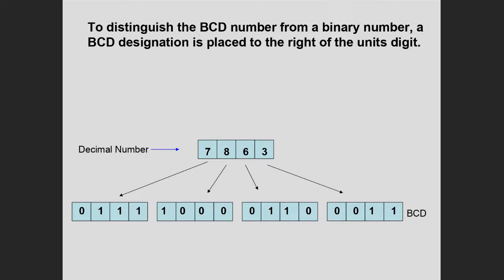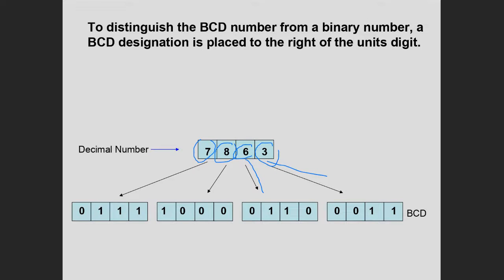So I will show 7, and I got to express that using 4 bits. So I got a 4, a 2, and a 1. That's 7. I want to use the 8, express that in 4 bits. So I have an 8, is a 1, 0, 0, 0. That's an 8 in binary, a 6.